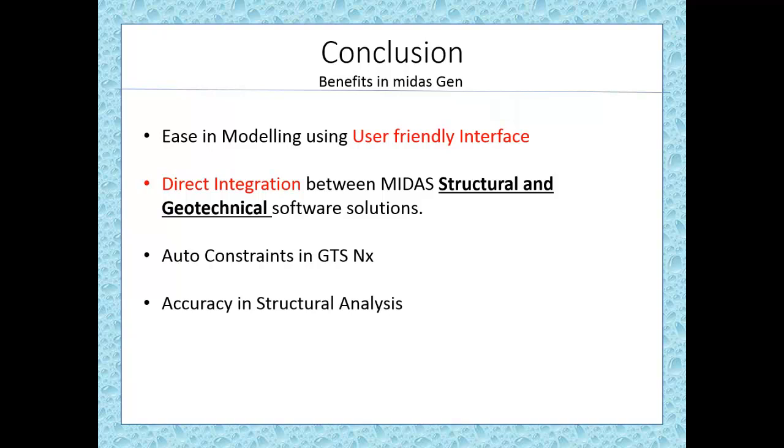And because of the ability of Midas Gen and GTS programs to integrate with each other and have the soil structure interaction, we can get an accurate structural analysis performed and get economical designs. So these are very few of the concluding topics that we have for today's webinar session.